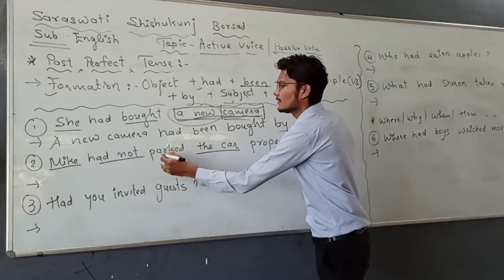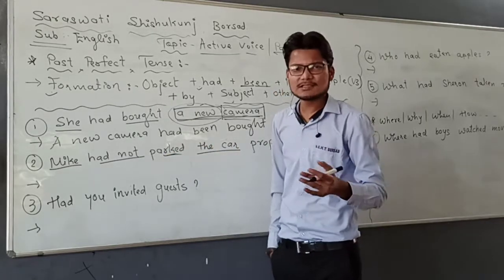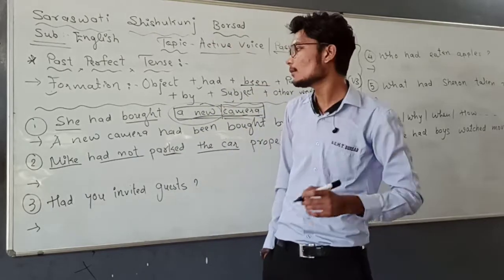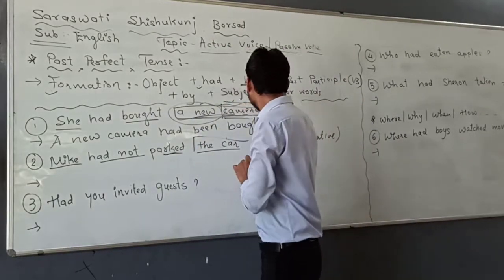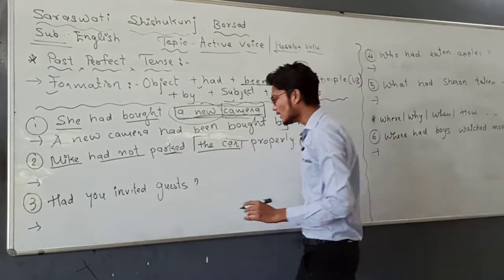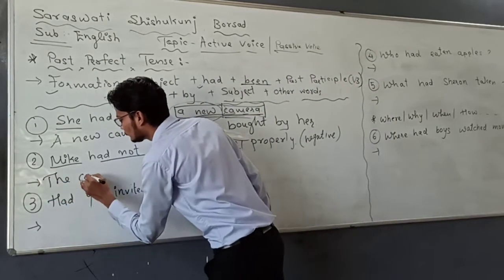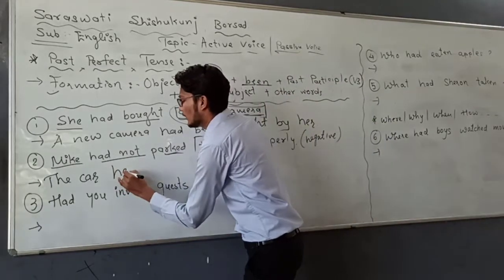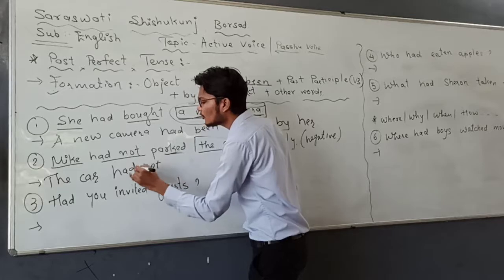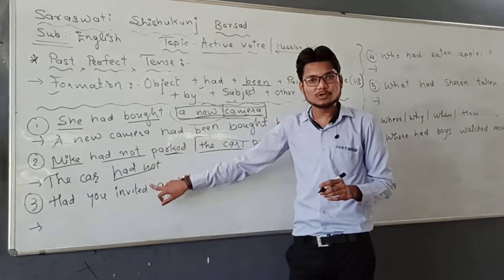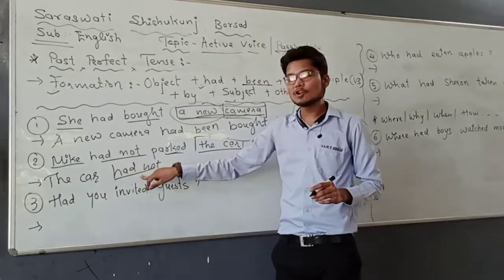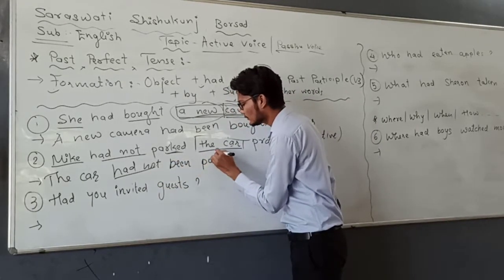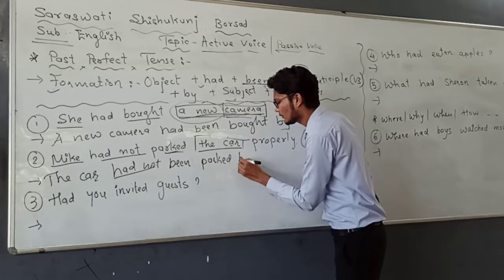Then the remaining part can be considered as the verb. So now let us see how the changes are going to take place. Firstly, put your object in the very beginning: the car. Then had not; along with had, you have to put not. The car had not been. Then the verb in past participle: parked by.